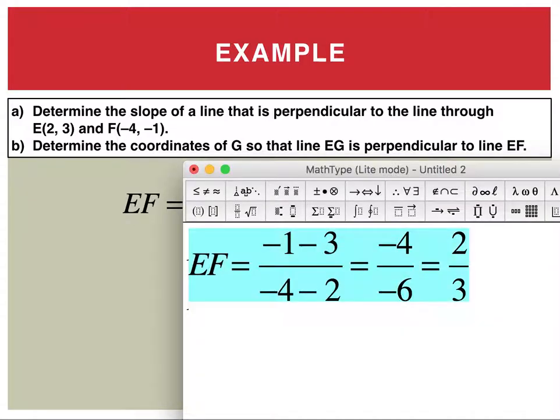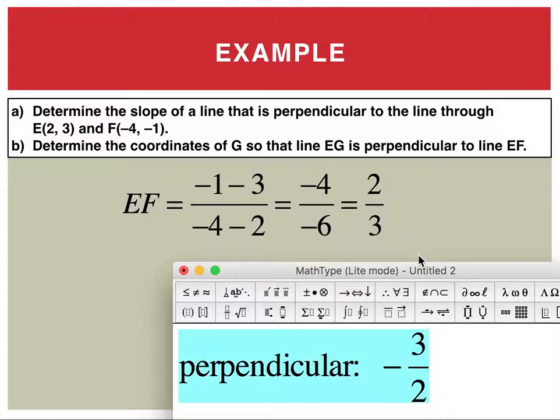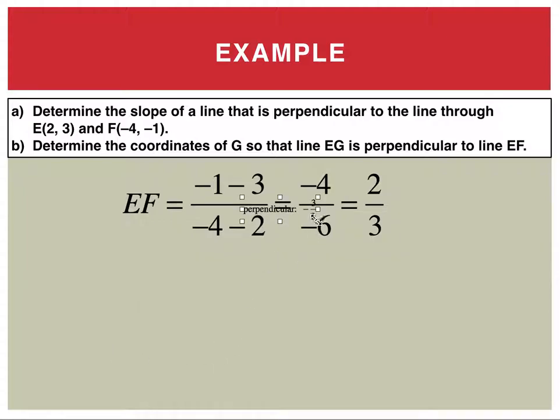So it's going to have to be the reciprocal of 2 over 3. What's the reciprocal of 2 over 3? It's 3 over 2. And it has to be a negative reciprocal. Since that was positive, perpendicular is going to have to be negative. So the answer is that my perpendicular line is going to have a slope of negative 3 over 2.